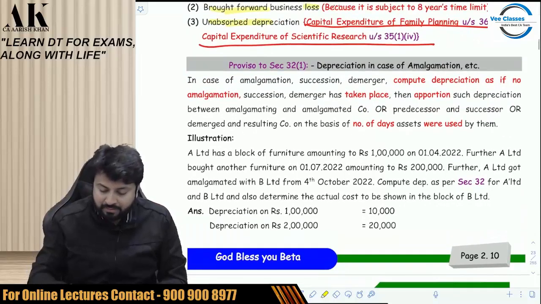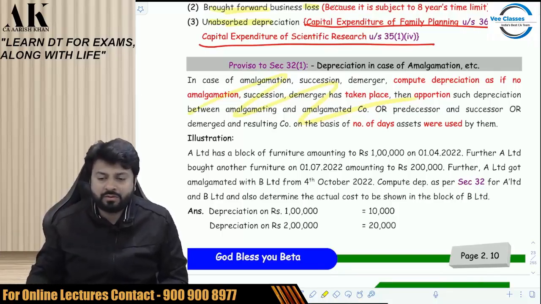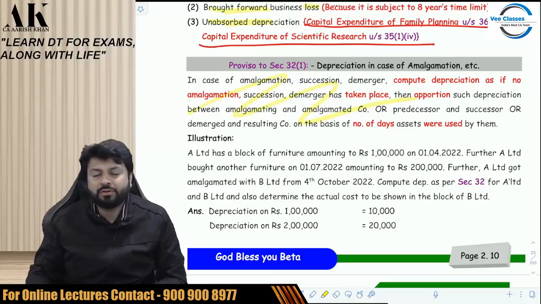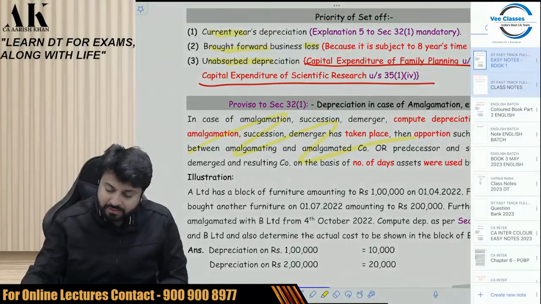And the provision is over here, which says that you're supposed to compute depreciation as if no amalgamation has taken place. And once it is computed, then you are supposed to segregate between both of them. Now the bigger question, pay attention.